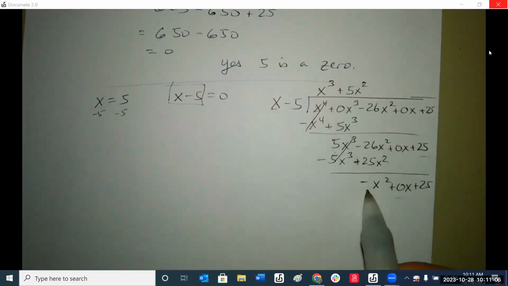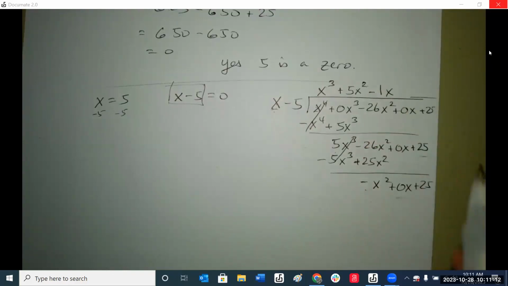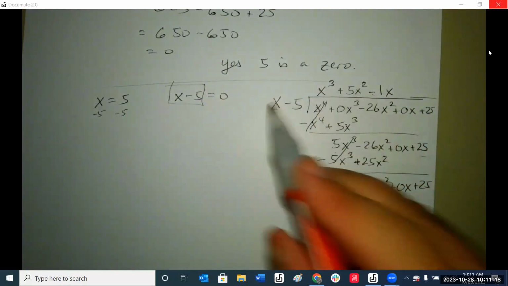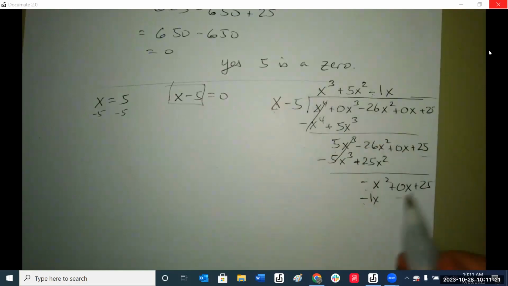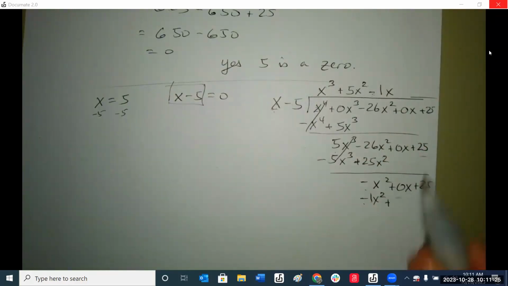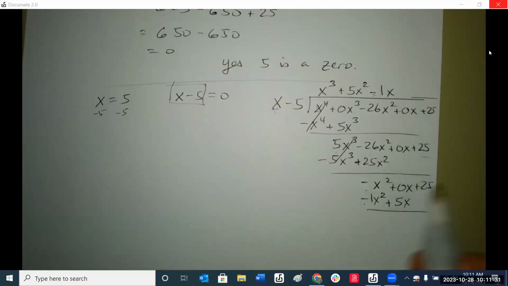What times x gives me negative 1x squared? It's negative 1x. So it's negative 1x. Negative 1 times 1 is negative 1. X times x is x squared. Negative times negative is a positive. 1 times 5 is 5. X. Change the signs.